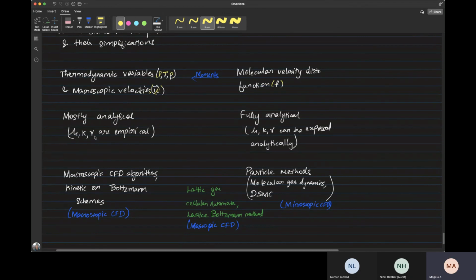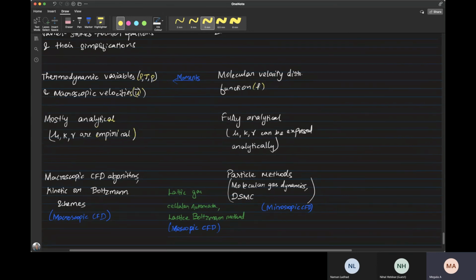These coefficients mu, k, and gamma are all empirical in the macroscopic approach, because we do not have explicit expressions for them. We get them by using experiments only. Whereas in the microscopic description, all of them are fully analytical. We have expressions for mu, k, and gamma in the case of kinetic theory.